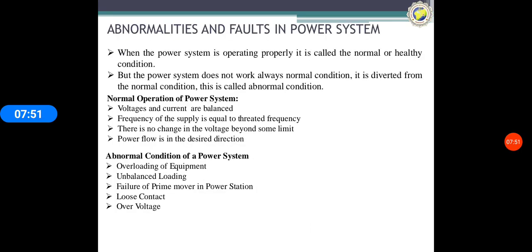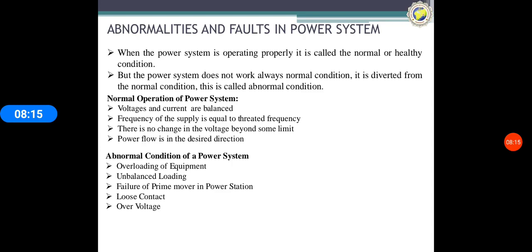Now we can study abnormality and faults in the power system. So what is abnormality? When the power system is operating properly, it is called the normal or healthy condition.